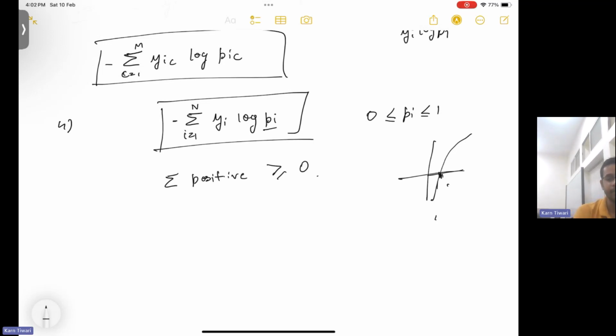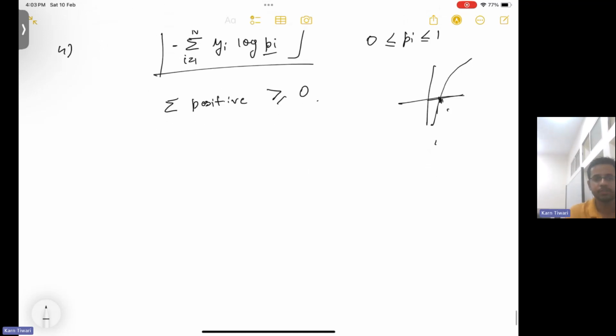So it can't be negative. Cross entropy is the distance between two discrete distributions, so it needs to be positive. So the answer is no: cross entropy cannot be negative.